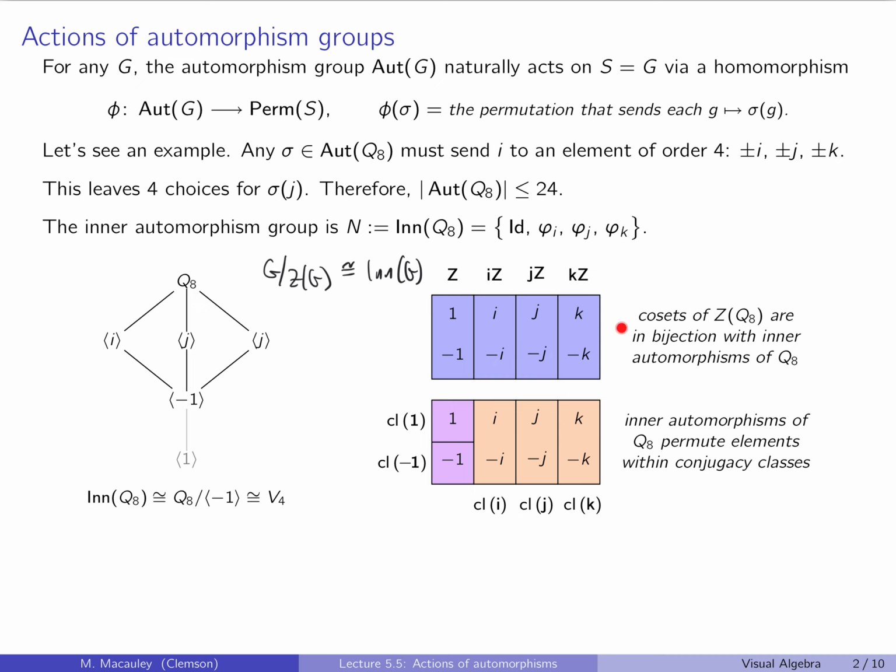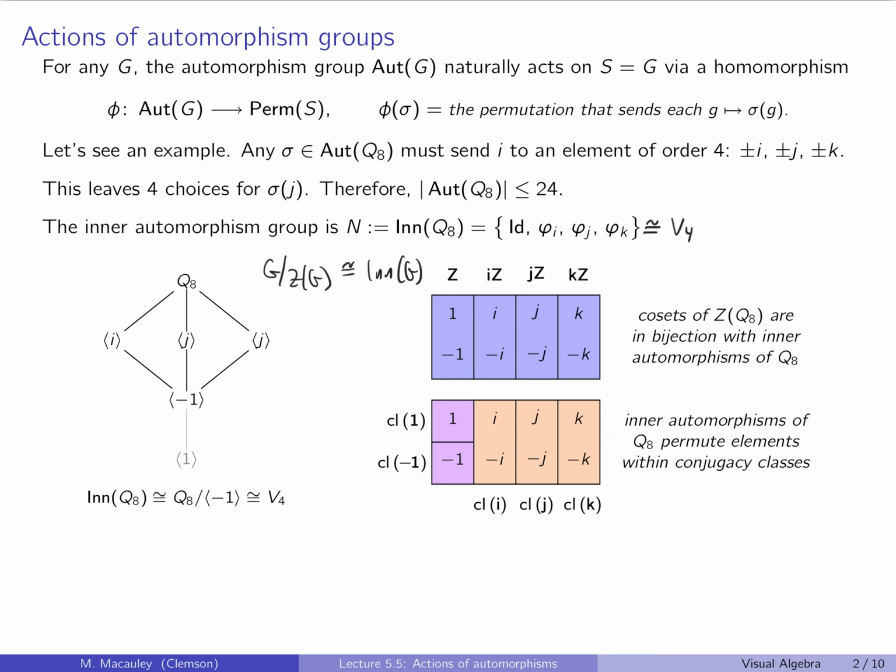So here are those cosets, which means that we have 4 distinct inner automorphisms: conjugating by 1, conjugating by i, conjugating by j, and conjugating by k. And this group is isomorphic to V4. Inner automorphisms, by definition, preserve conjugacy classes. So they permute elements within conjugacy classes.